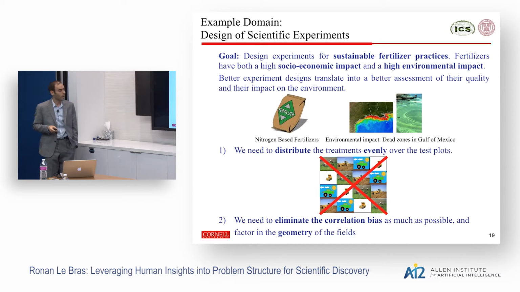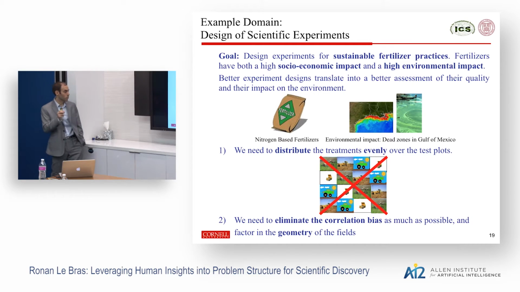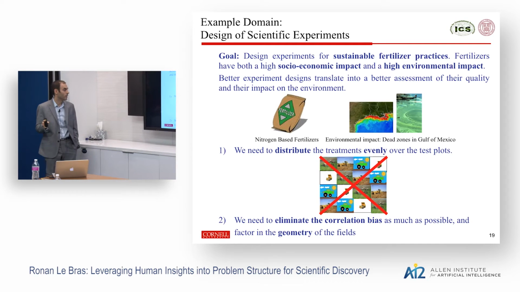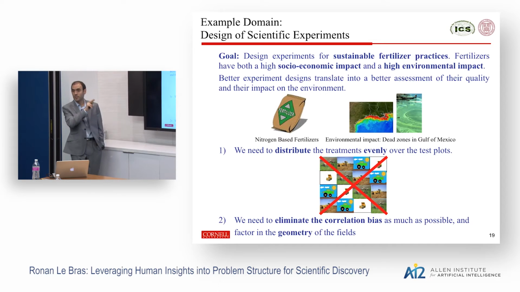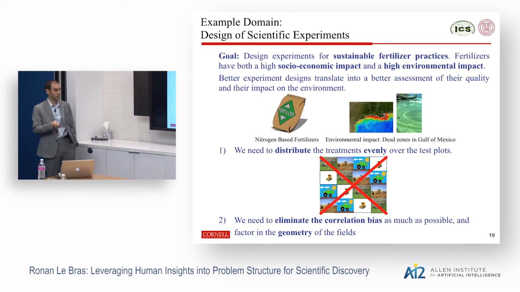And this is not all you have to enforce in this problem, because you want to eliminate the correlation bias as much as possible. The fact that two treatments might always be next to each other in a design might have an impact on the assessment of the quality of the fertilizer.